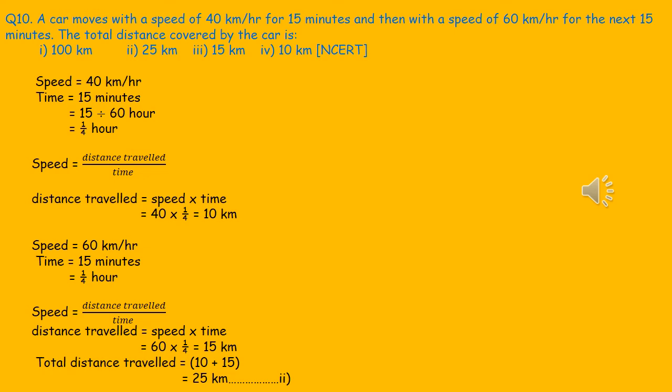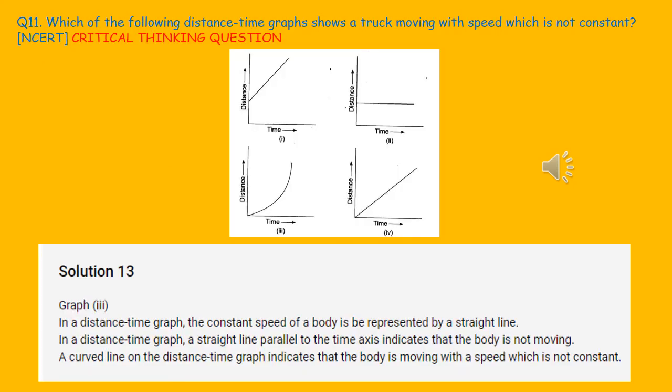So speed is equal to distance by time, distance is equal to speed into time. That is equal to 40 into 1/4, that is 10 km. Similarly, speed is equal to 60 km per hour and time is 15 minutes, which is equal to 1/4, and distance travelled will be 60 into 1/4, that is 15 km. So total distance travelled will be 10 plus 15, that is 25 km.